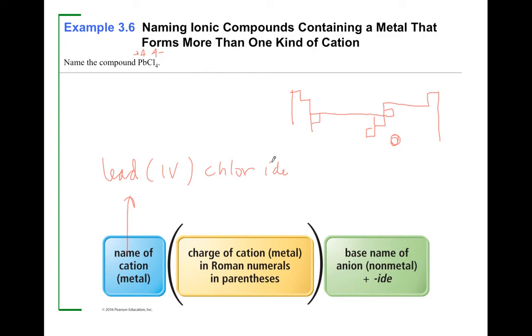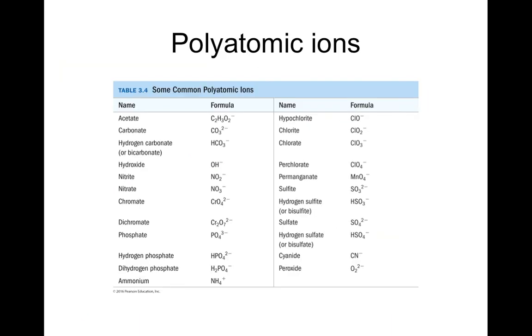Now we're going to go to the hardest ones. But before I do, I need to introduce polyatomic ions to you. And it's important, I think, to appreciate with polyatomic ions that, first of all, there's a bunch of them here, right? There's a good 20 of them here. But in the beginning, you don't really need to understand why they're called what they're called.